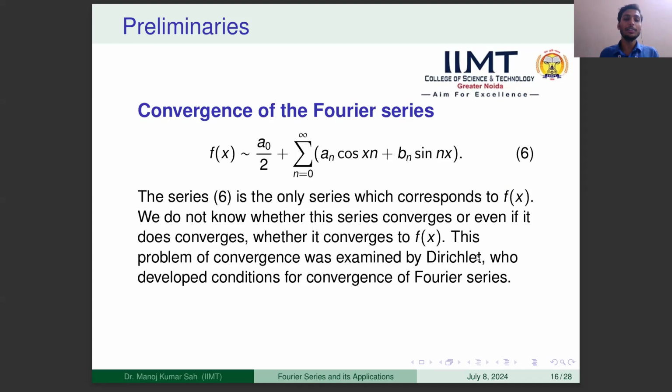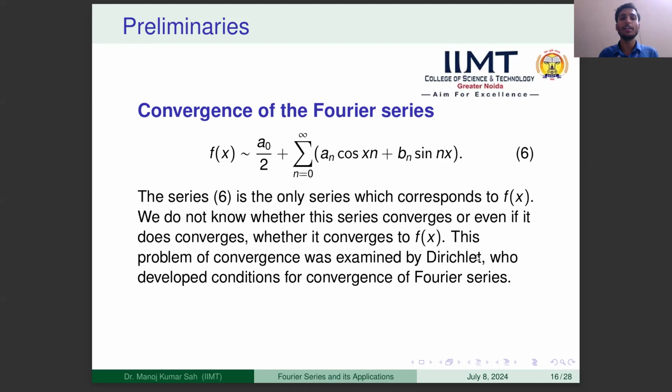Now in this slide, we will discuss convergence of Fourier series. f of x equivalent to a naught upon 2 plus summation running from n equal to 0 to infinity an cos nx plus bn sin nx. Now here, this equation 6, the series 6, is only series which corresponds to f of x.